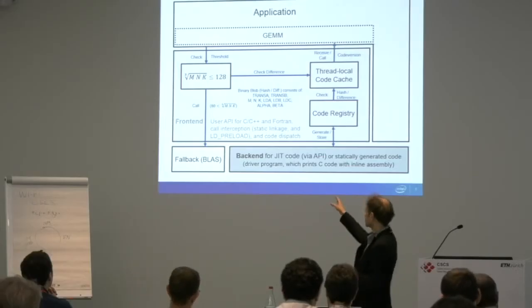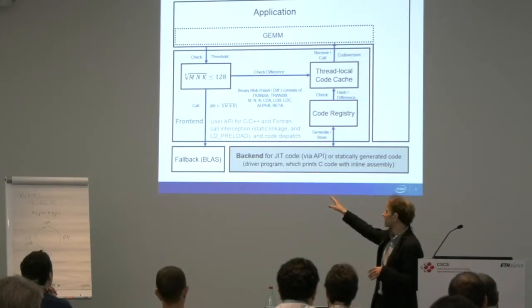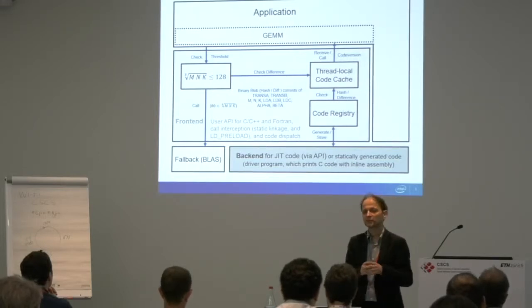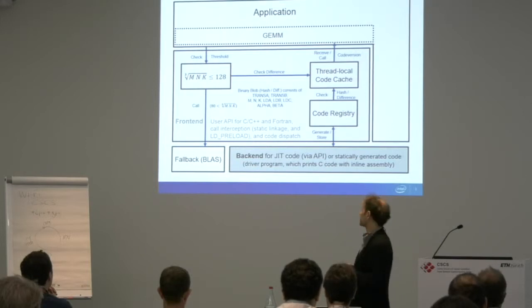So you have some threshold, like this kind of formula, not the square root, but the cubic root. We want to characterize the problem size to some extent, and we updated this threshold several times.